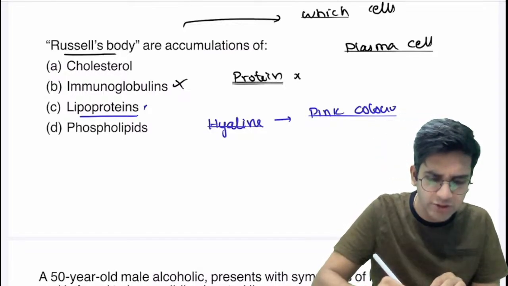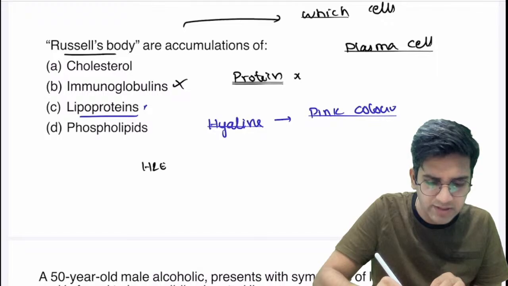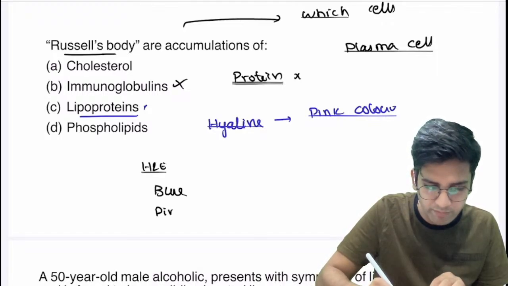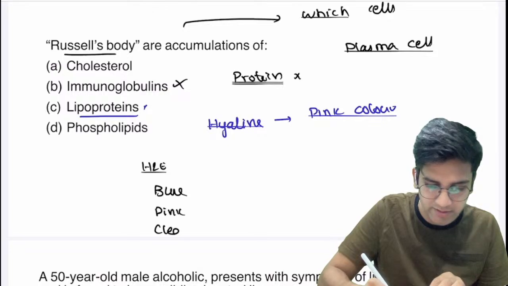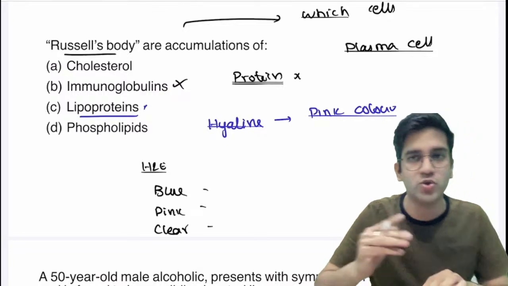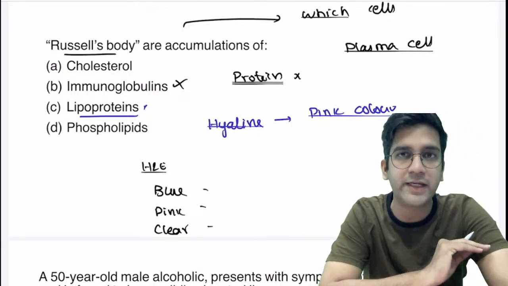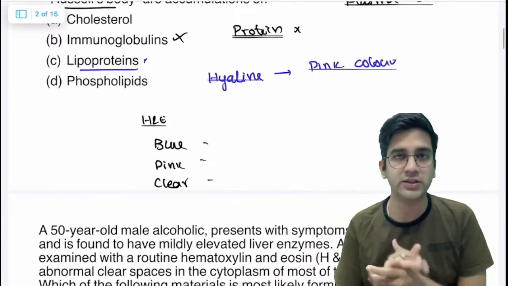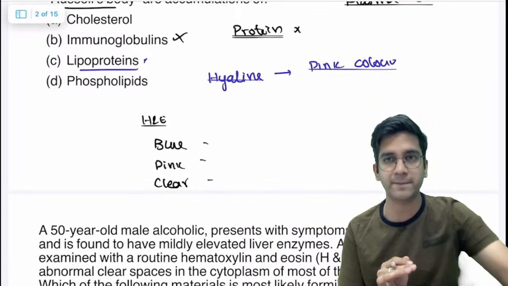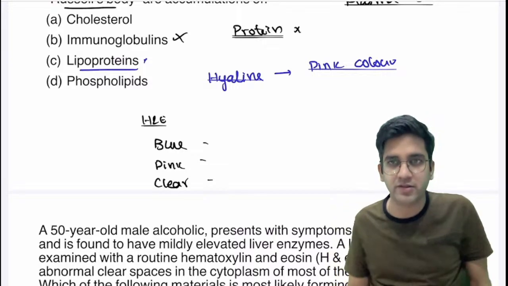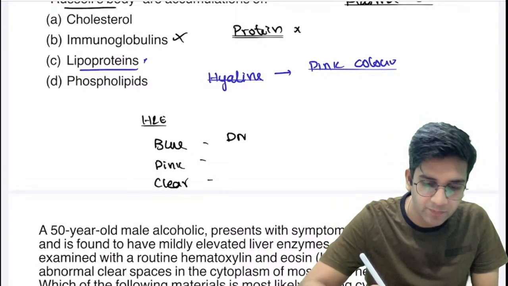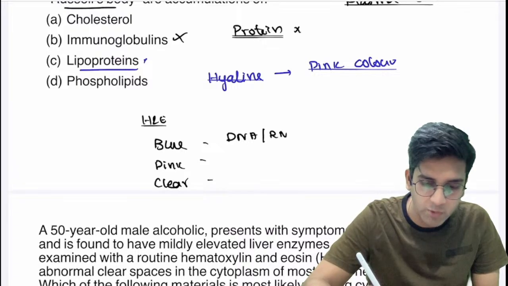Let's go through a little bit about the basic rules of H&E. We have 3 colors in H&E: blue, pink, and clear. These are the 3 basic colors of eosin and hematoxylin. Which part of the cell will be blue in color? Anything which has DNA or RNA, nucleic acid, will be blue in color.